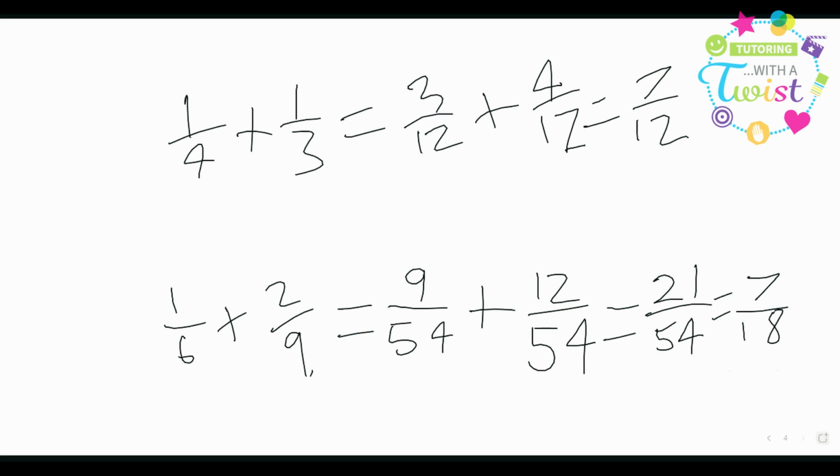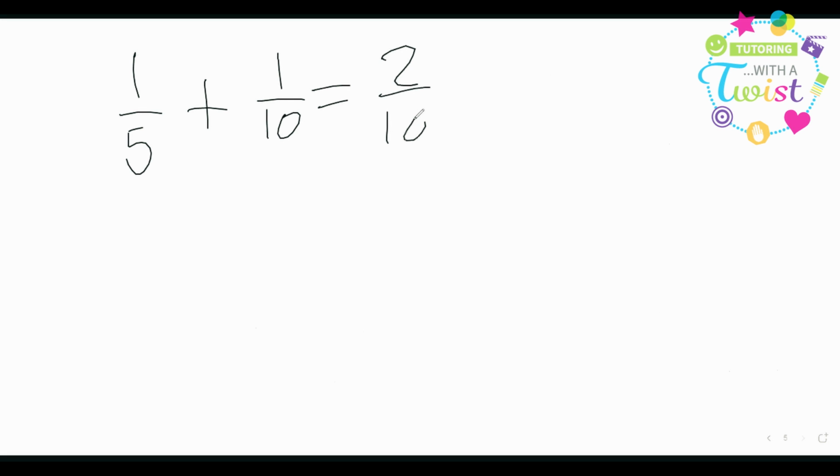So let's give it one more shot. I'm just going to come up with 2 totally random fractions here. Let's say 1/5 plus, I don't know, 1/10, right? Well, if I wanted to, I could put them both into tenths, right? There's no reason not to, and that would give me 2 over 10 plus 1 over 10, which is 3/10.